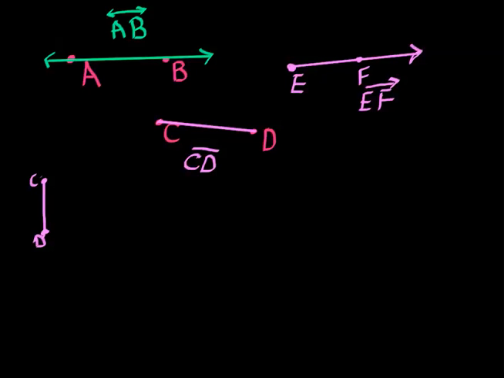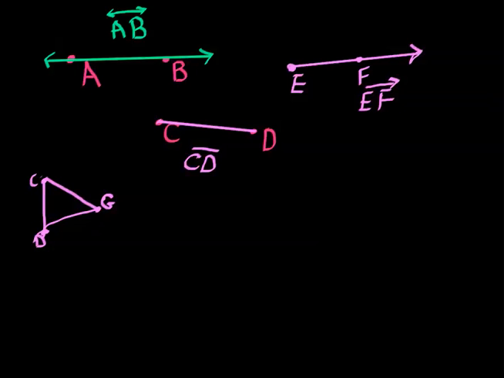But what if I add another segment here? And we'll label that G. And then I connect G and D. So now I have 3 line segments. I have segment CD, segment DG, and segment CG.